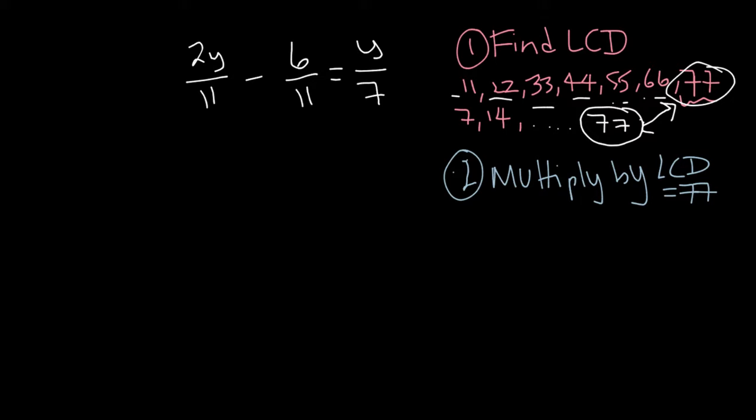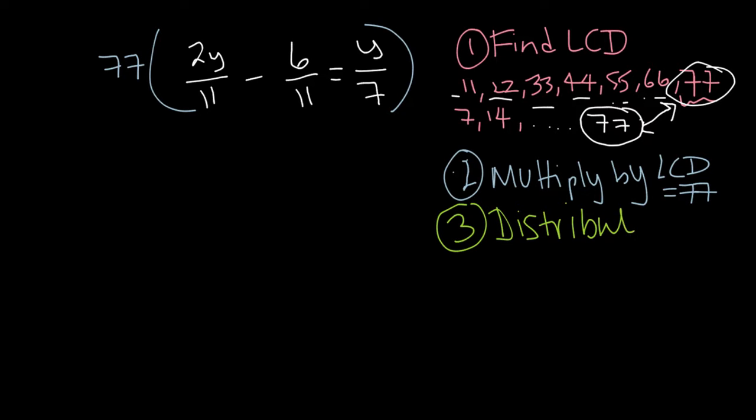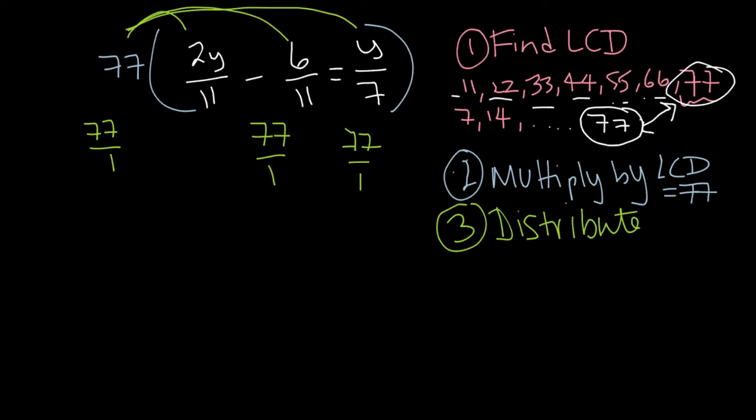So if I multiply by 77 to this whole equation, after I actually multiply it, I want to distribute that number to each of these fractions. And that means multiplying it by each one. So I'm going to write 77 over 1 with each fraction.